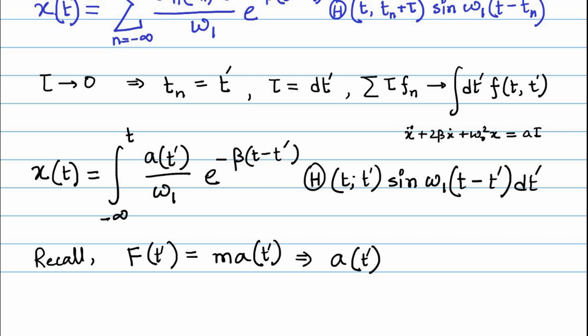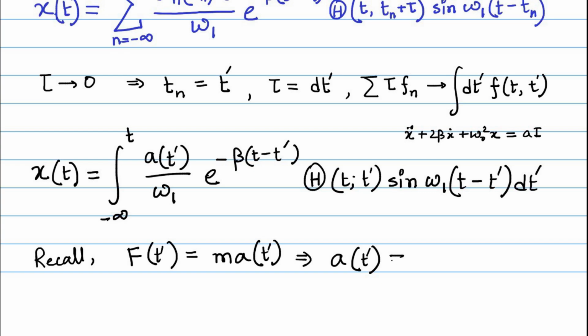Because x double dot is acceleration, so the units in the sum have to match. All the terms must have the same units, and if the left hand side of an equation has the unit of the acceleration, the right hand side must too, and the impulse function doesn't have any unit, so a must be the acceleration.